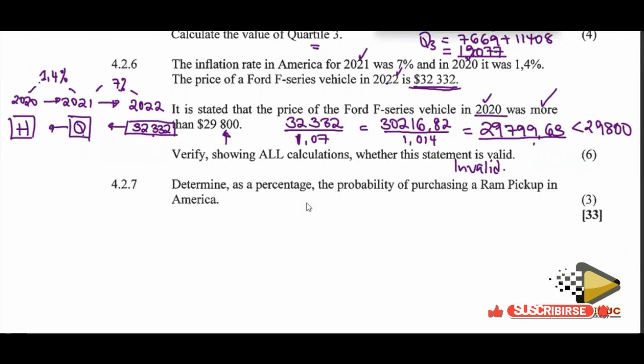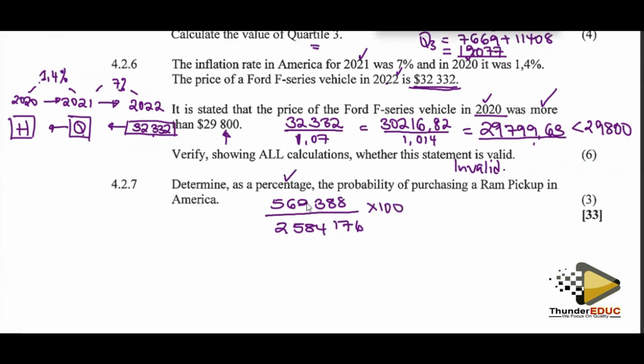So it will be 569,388 out of the 2,584,176. But because it's a percentage, what we do? We multiply by 100. And the answer became 22.03%.